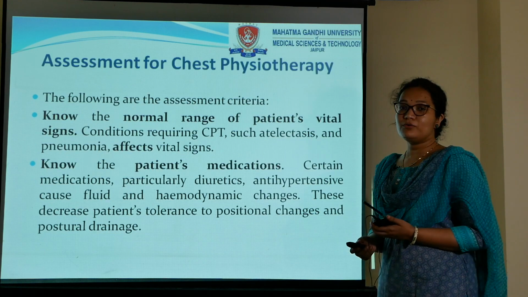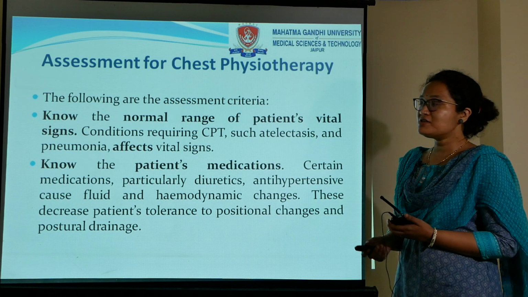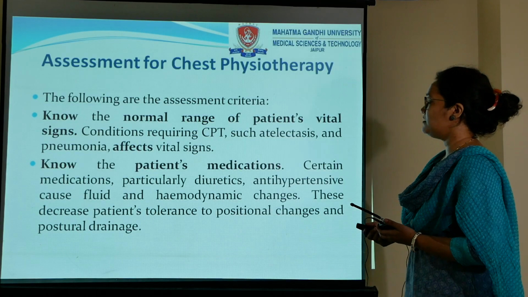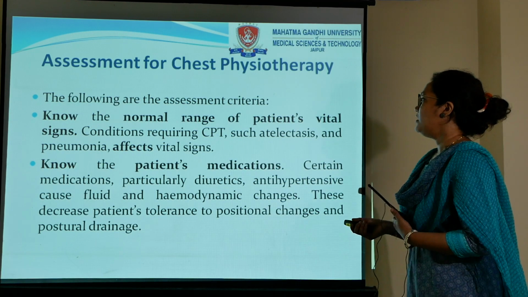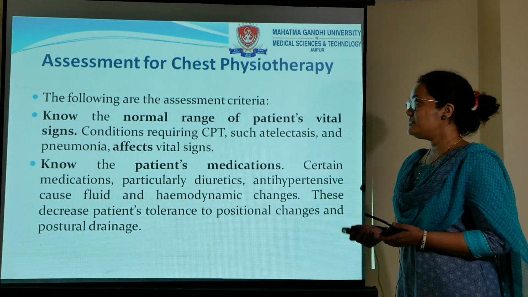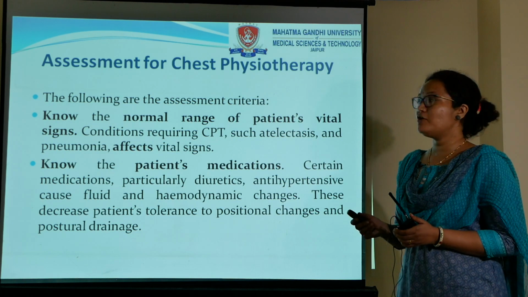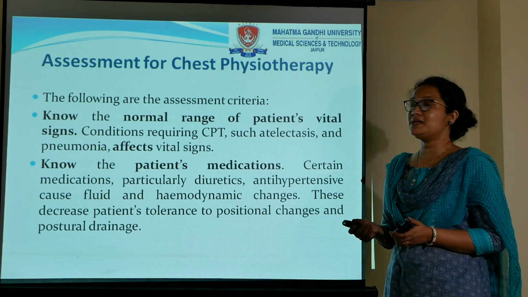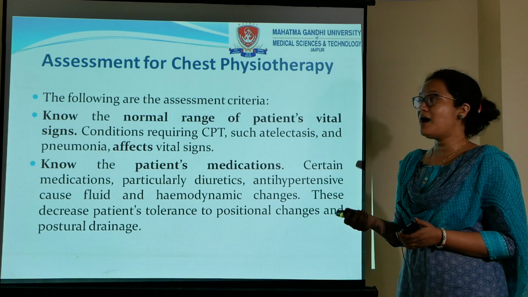Before going on to the physiotherapy treatment, we must first assess the patient by following these criteria. The first criterion is we should know the normal range of the patient's vital signs, because if the patient has atelectasis or pneumonia, there is a scarcity of oxygen in the blood, and because of that, the patient can have shortness of breath and a rapid heart rate.